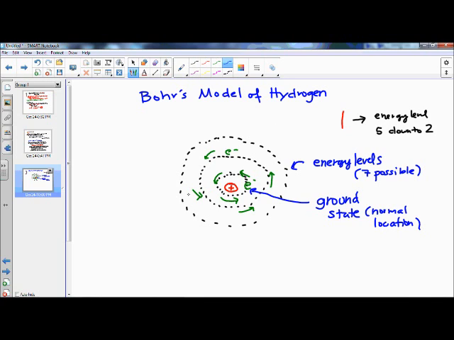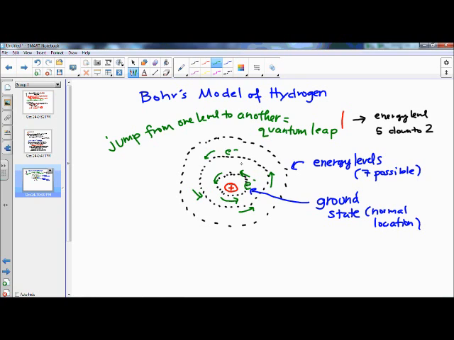Now, when the electron jumps, he gave that a special name. That's called a quantum leap. You may have heard the term before. This is a jump from one energy level to another.